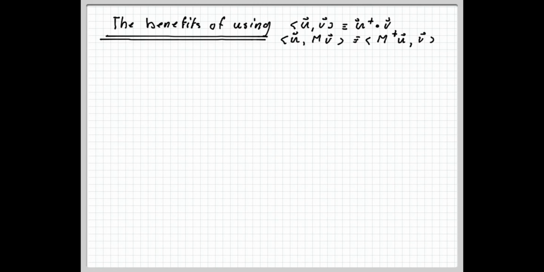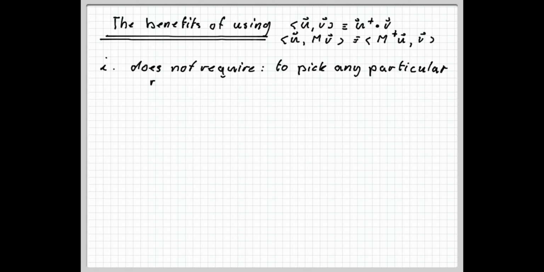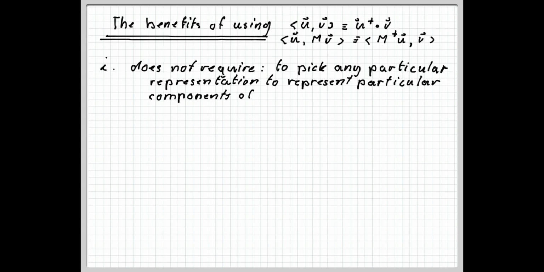It has clearly two benefits. No longer is a particular orthonormal basis needed to represent the matrix of the operator, so that taking its dagger operator means transposing it and taking its complex conjugate, M dagger. And the only thing actually needed is a definition of the inner product.